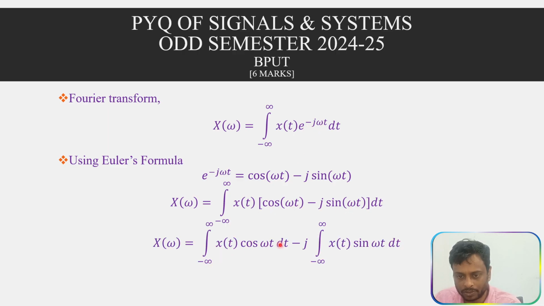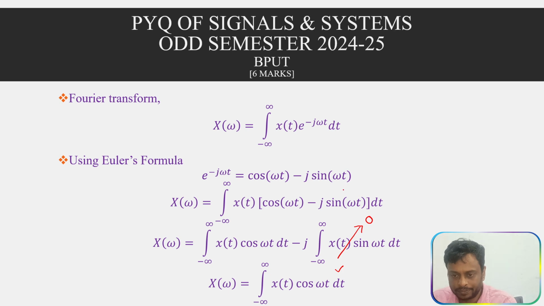So integral of x of t cos omega t dt minus j into integral of sin omega t x of t. So this part, because you can say this signal x of t is an even signal, means these things will be 0. Okay, this thing equal to 0. So that is why it is written as X of omega equal to integral of x of t cos omega t dt. Okay.